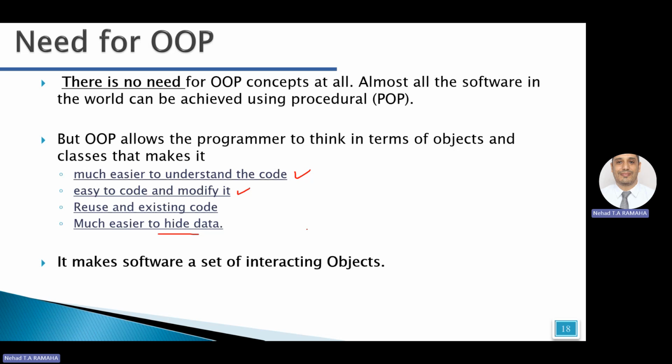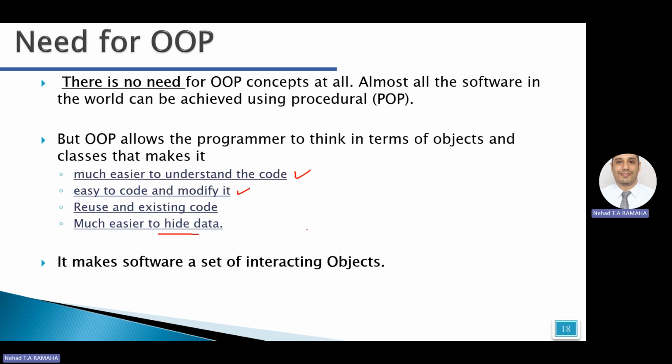So we can decide which data you can reach, and if you can reach it only for read, or only for write, or for both write and read. But in a procedural programming language like C, you cannot hide the data and say you cannot reach the data for write, only for read.